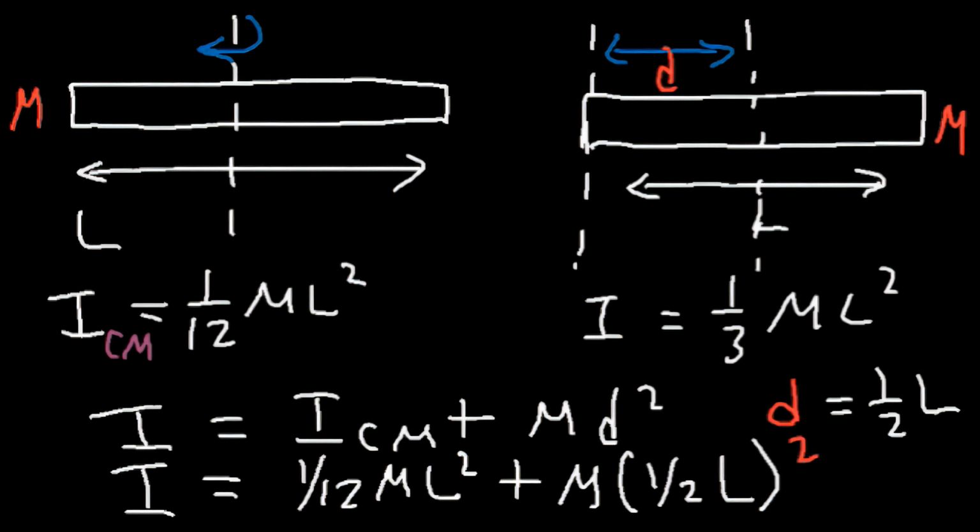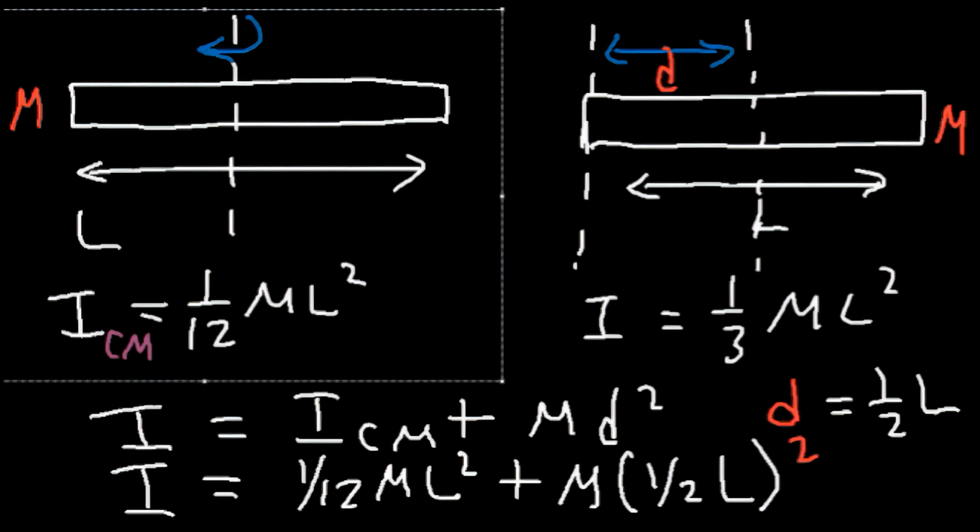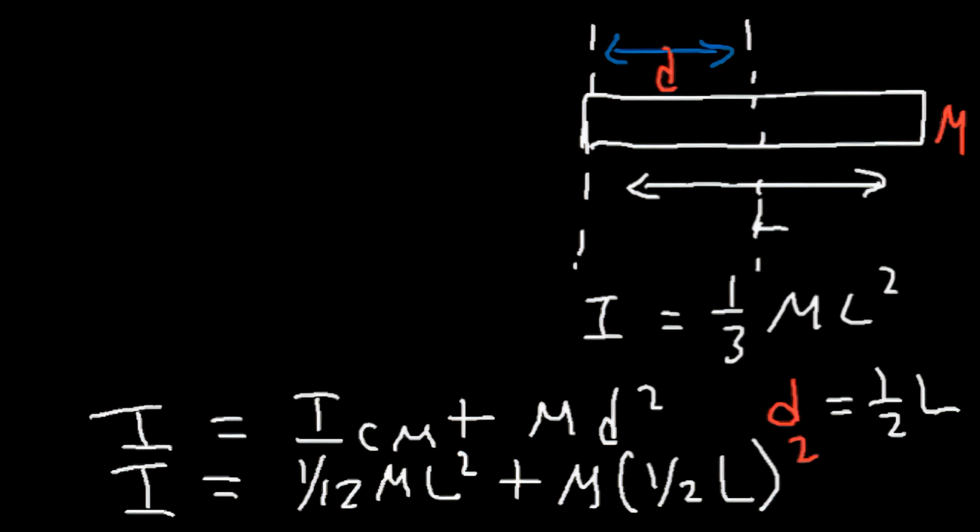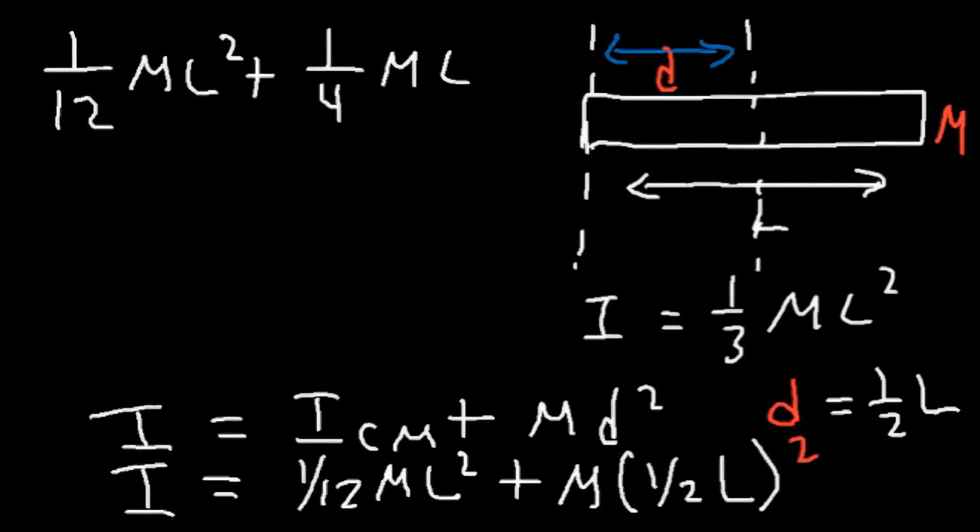So let's make some space. We don't need this side anymore. 1 over 2 L squared is 1/4 L squared. 1/2 times 1/2 is 1/4. So it's 1 over 12 mL squared plus 1/4 mL squared. Now let's get common denominators. Let's multiply 1/4 by 3 over 3.